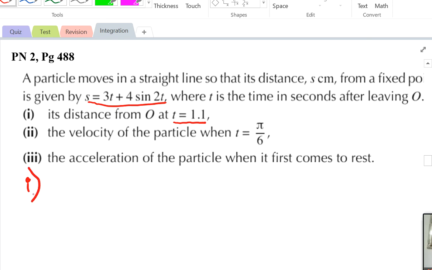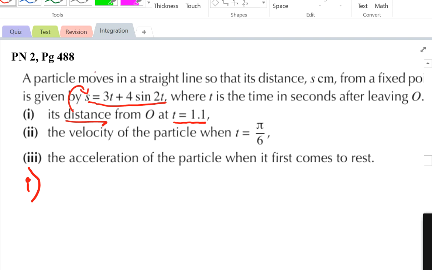So Sean, are you there? Can you turn on your mic? Okay, how would you do the first part? They want you to find the distance. The distance must come from the displacement. Am I right?